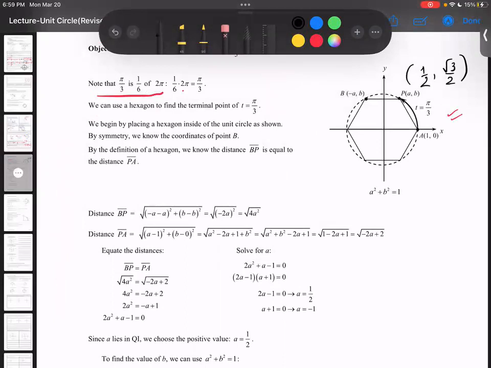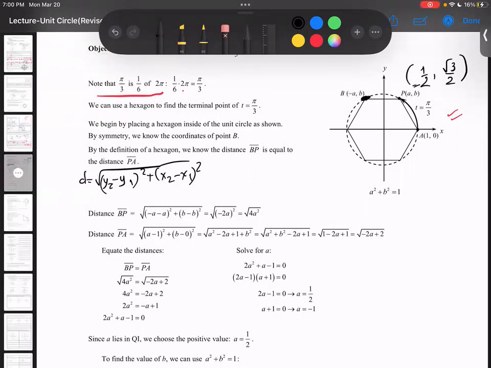Say I don't know anything about the point 1/2, √3/2. I'm going to call that point P, and I'm going to call the point symmetric to the left of P, B. The distance formula is the square root of y2 minus y1 squared plus x2 minus x1 squared.